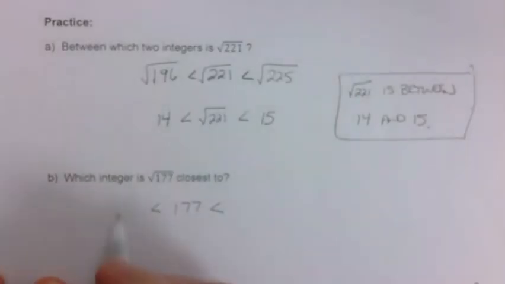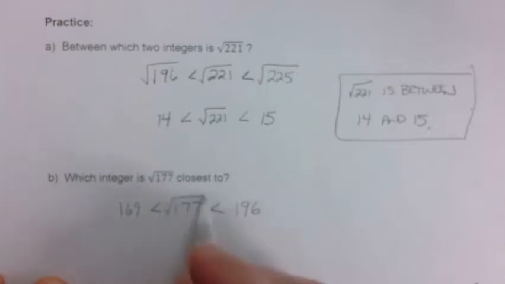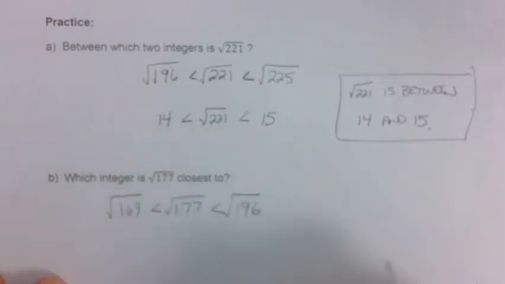These two numbers are perfect squares. That means the square root of 177 is between the square root of 169, which is 13, and the square root of 196, which is 14.